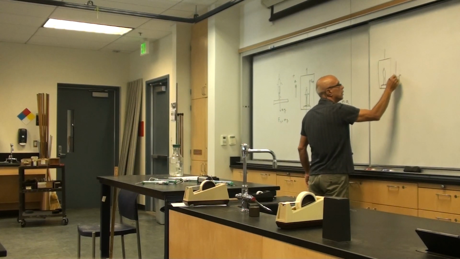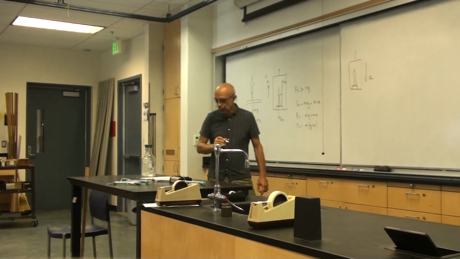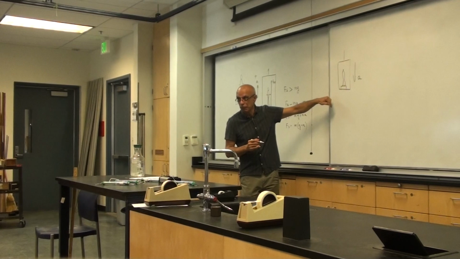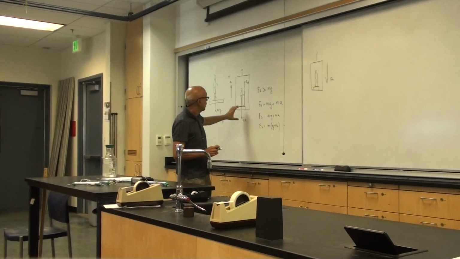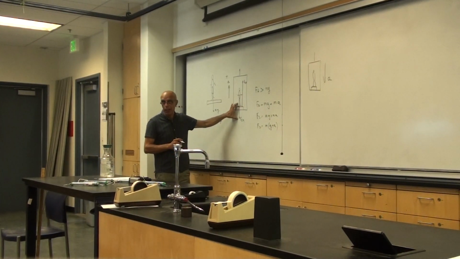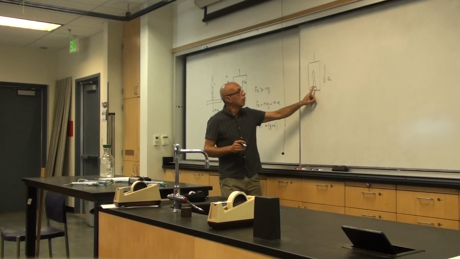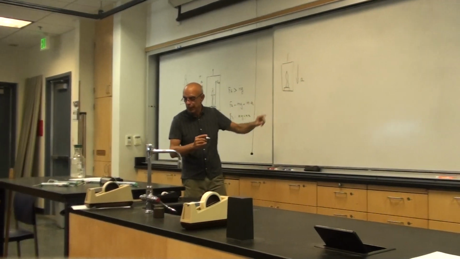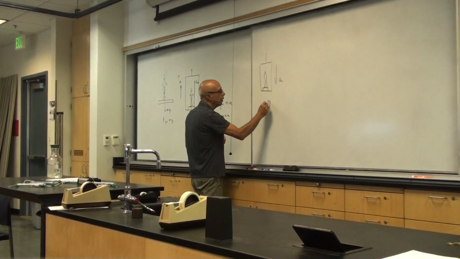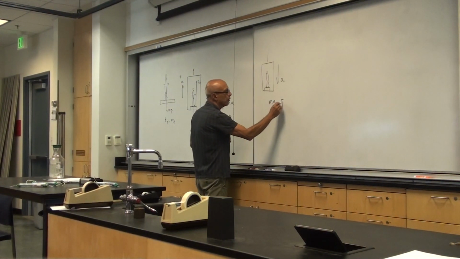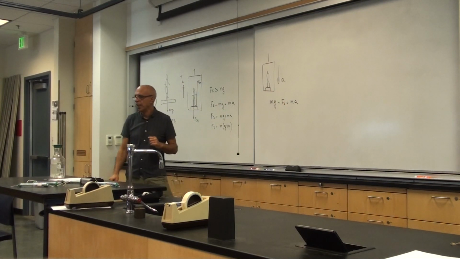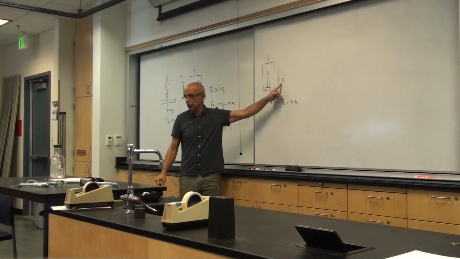Now, acceleration is going down. So, in order to go down, mg has to be larger than the Fs, right? Is that okay? So mg minus Fs is going to give me ma, where a is this acceleration here.